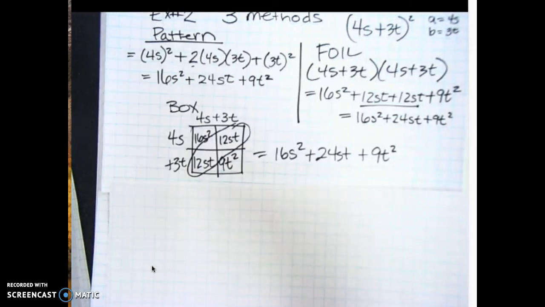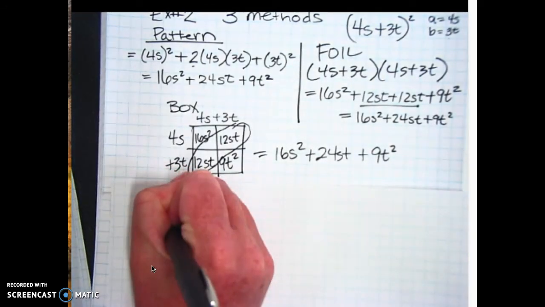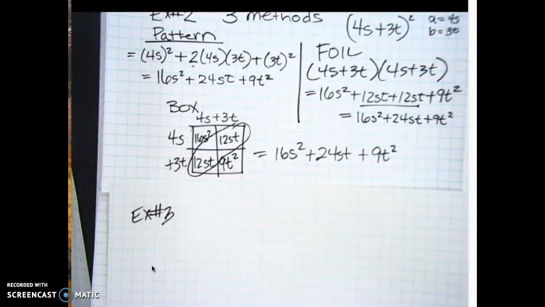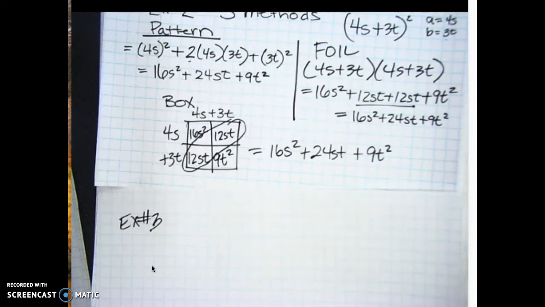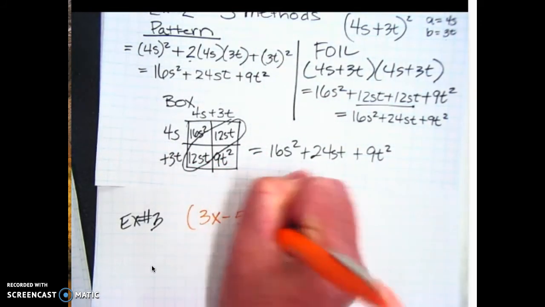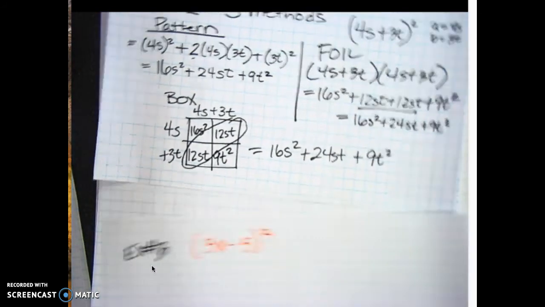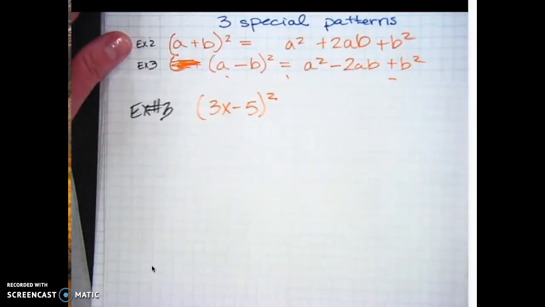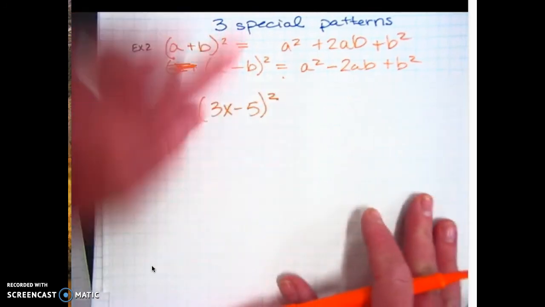See it? Yes. Okay. So example number 3, I'm going to do that second pattern. And we are going to multiply 3x minus 5 quantity squared. Okay? So this one, we're going to follow this pattern right here. So I'm going to move my paper up. So kind of right below it.